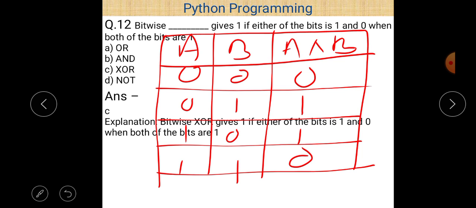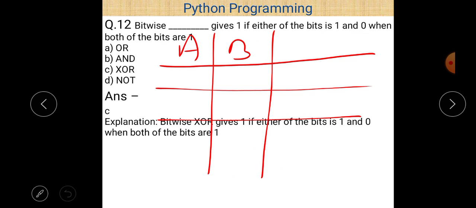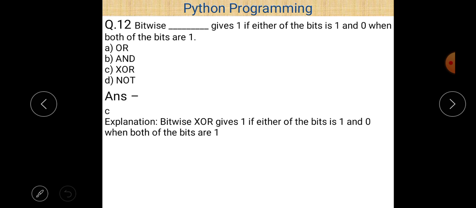Okay, now let us do some more bitwise operators: left shift and right shift. This is the left shift, and it should be shifted two places.